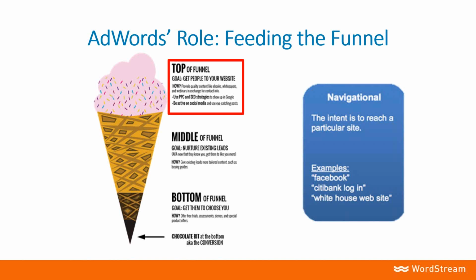On the search network, as I mentioned, navigational keywords, so very broad things. The examples here: Facebook, Citibank login, White House website. On the display network, this might be putting some ads on targeted websites with managed placements, trying to pull people who might be tertiarily, tangentially interested in your offering into your funnel so you can nurture them.